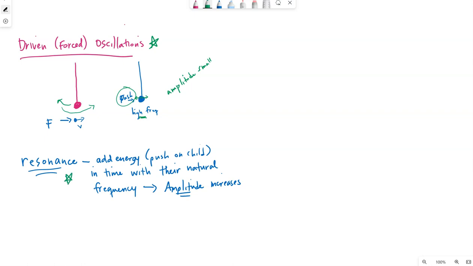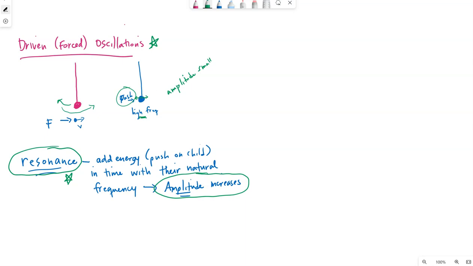If I adjust the rate at which I am applying the force, the rate at which I am pushing them, then we can reach this situation where I apply the force at the same rate at which they are naturally swinging, and that results in them swinging higher and higher, which is what the child on the swing wants.